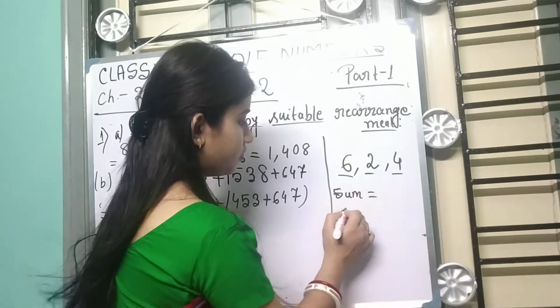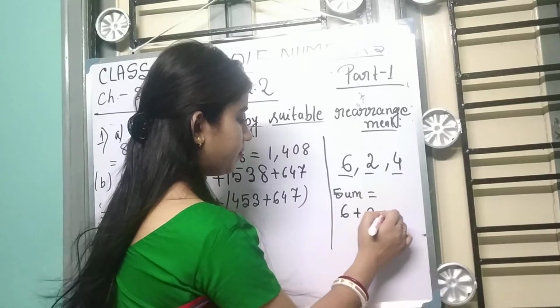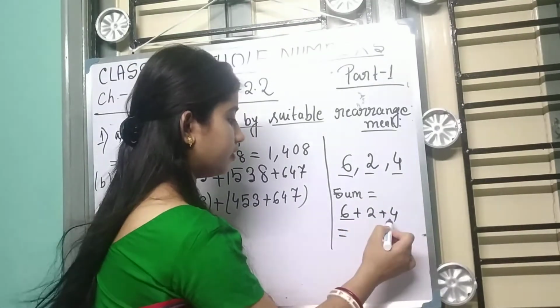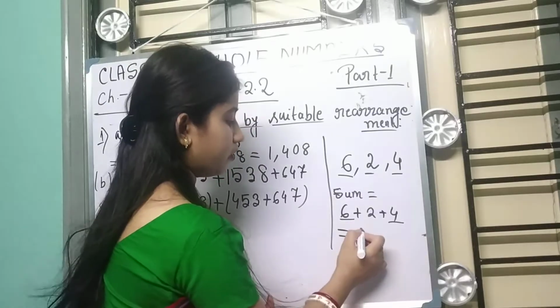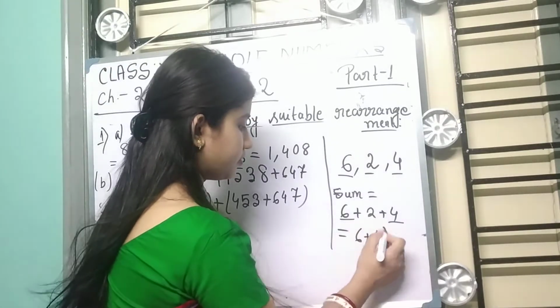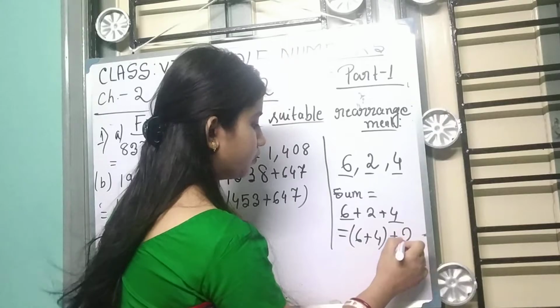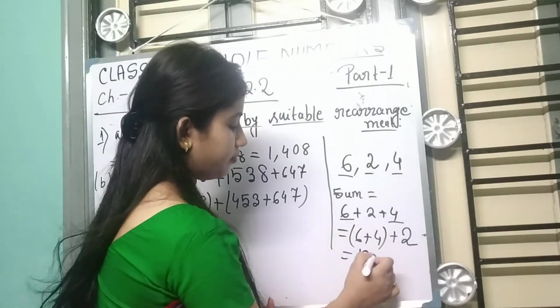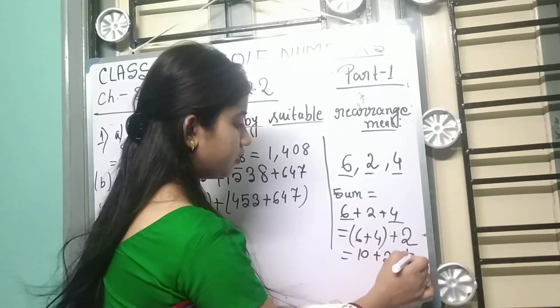Sum equals 6 plus 2 plus 4. First we add 6 and 4, then we add 2. 6 plus 4 is 10, and 10 plus 2 we get 12.